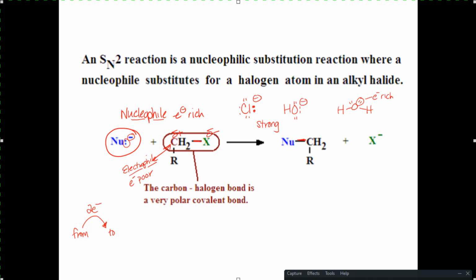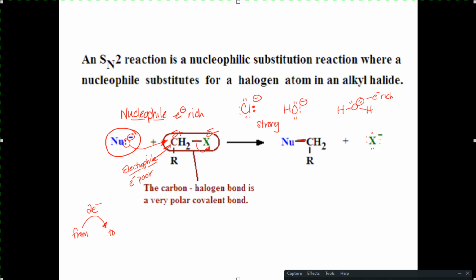So in this reaction, what I would do is take this pair of electrons and give that to the carbon. I'm going to use it to form the nucleophile carbon bond, and I'm going to break this carbon halogen bond and give that pair of electrons to that halogen, which is then going to become a halide ion.